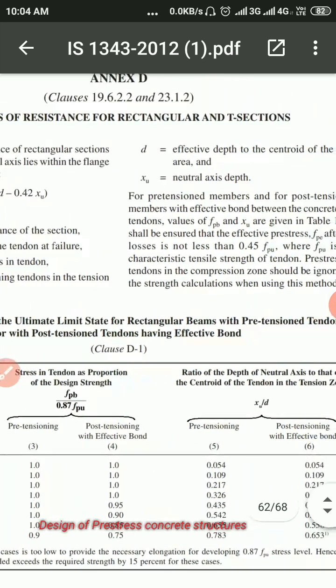Now what is xu? We know that xu is the depth of the neutral axis.